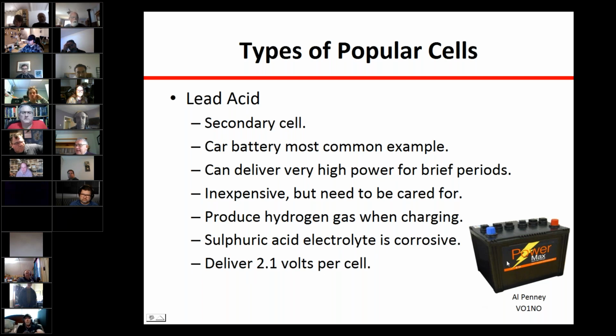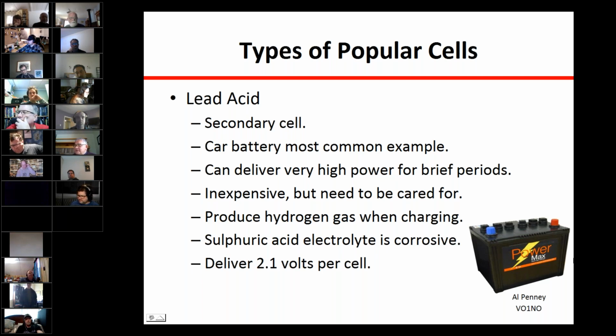Now, these are good for delivering high current for short periods and then being recharged, like when you're starting a vehicle. There's a slightly different type of lead acid battery that has a fiberglass glass mat in there, called gel cells or AGM, glass mat batteries.